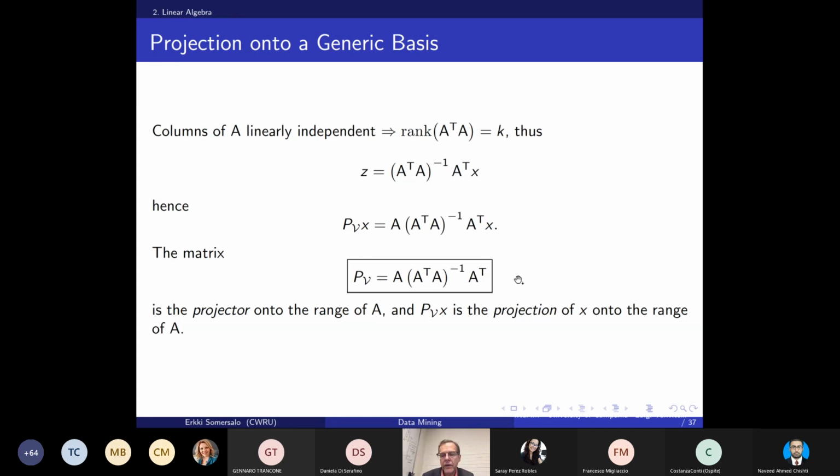And I believe this could be a good place to have a small break. So how long a break are we going to have? Maybe 10 minutes? Is that reasonable, or 15? What do you think? It's the same, 10 or 15. Okay. So let's see.